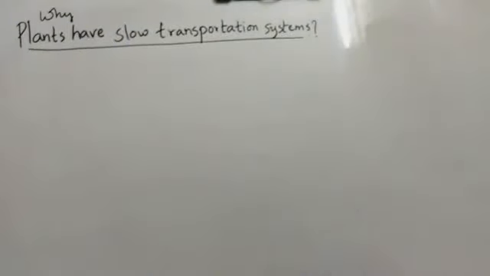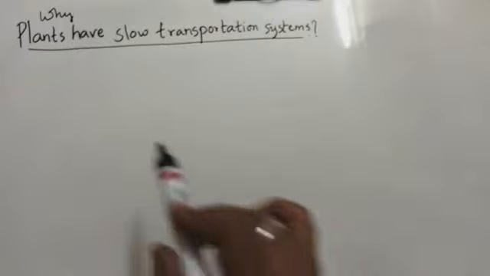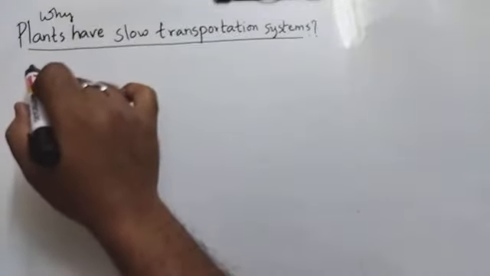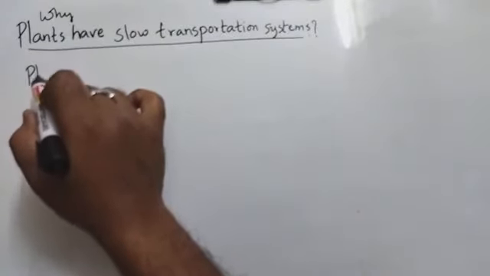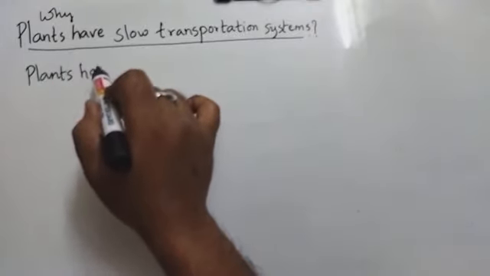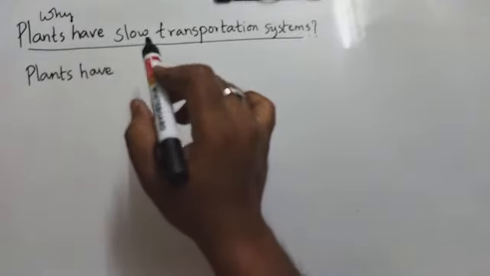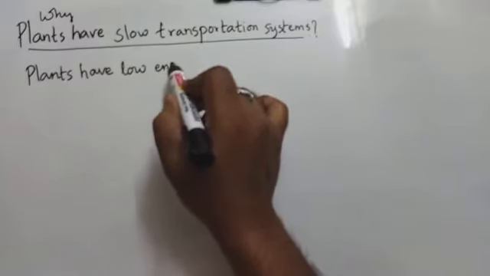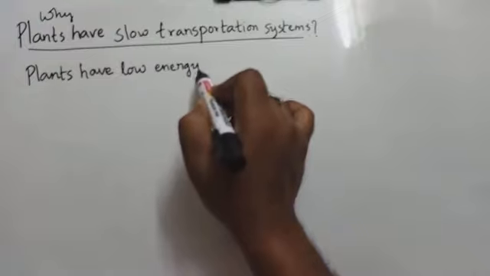Why do plants have slow transportation systems? Because plants have low energy needs.